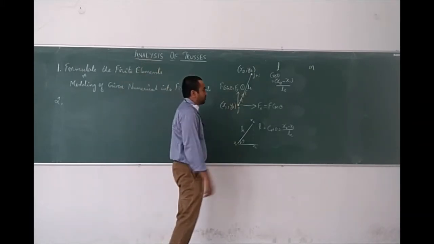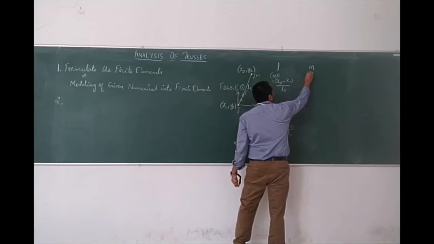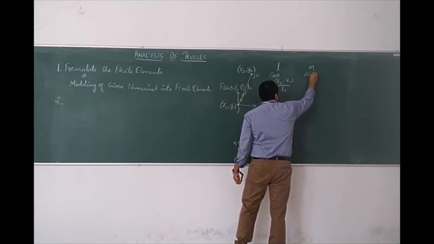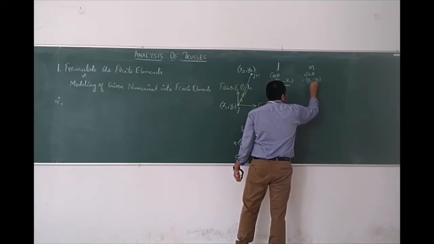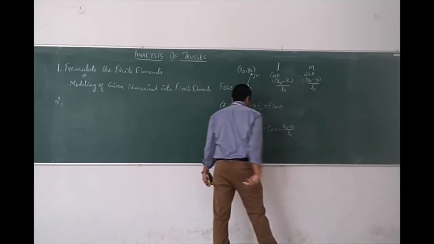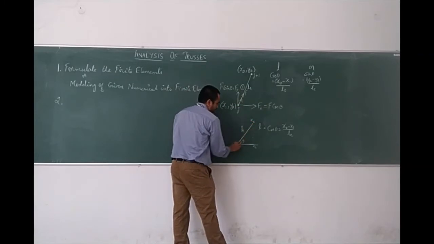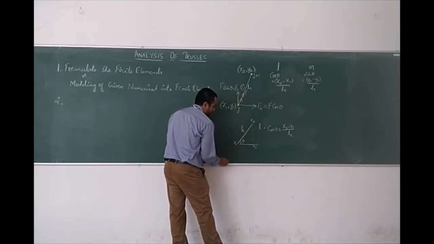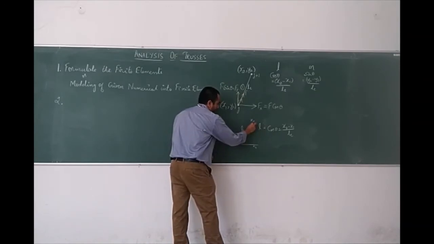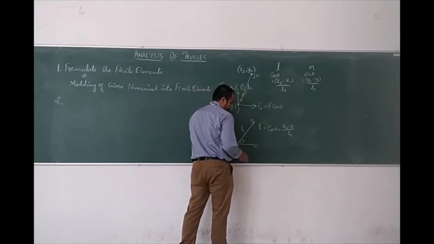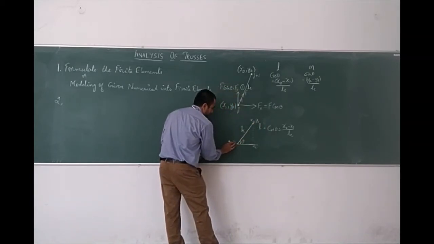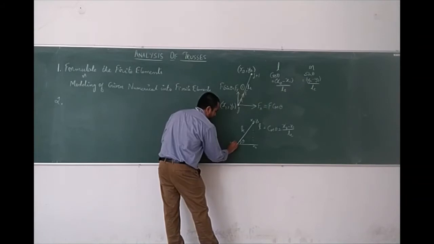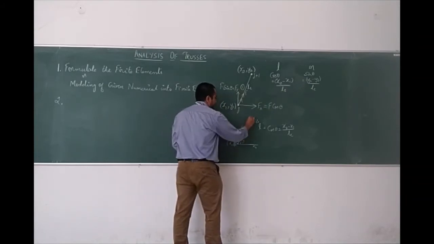Now M is equal to sin theta, and sin theta is given by y2 minus y1 by L suffix e. So the value of y1 corresponds to node 1 and y2 corresponds to node 2. So this is x1 comma y1.